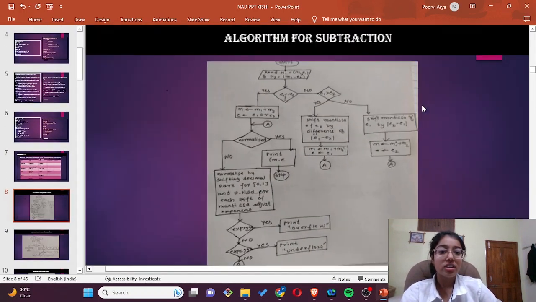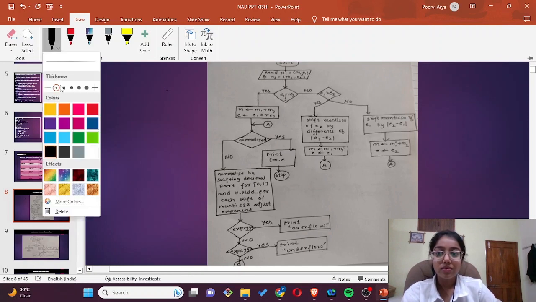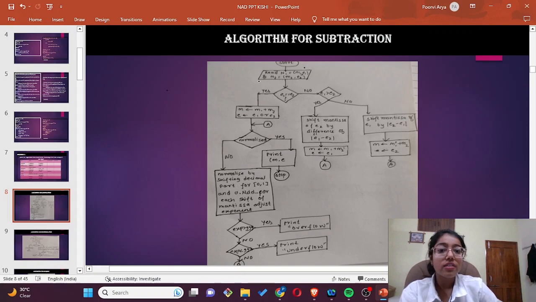Algorithm for subtraction. As here you can see, we start here. We read the value of n1 and n2. Here n1 is divided into two parts, m1 and e1. m1 is the mantissa 1 and e1 is the exponent 1. Same goes for n2, mantissa 2 and exponent 2.